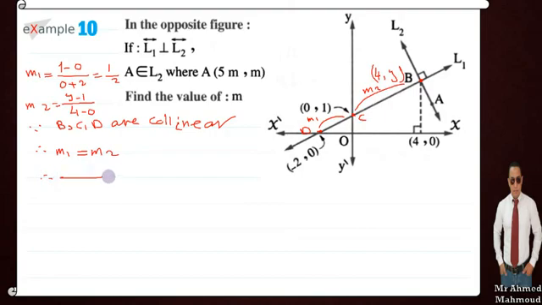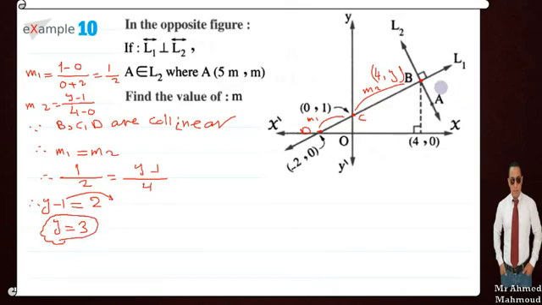Therefore 1 over 2 equals y minus 1 over 4. So y minus 1 equals 4 times 1 over 2, which is 4 over 2, equal to 2. By sending minus 1 to the right side, it will be plus 1, then y equals 3. This is the value of y. Then B equals 4 and 3.